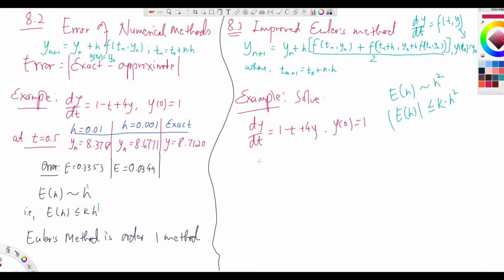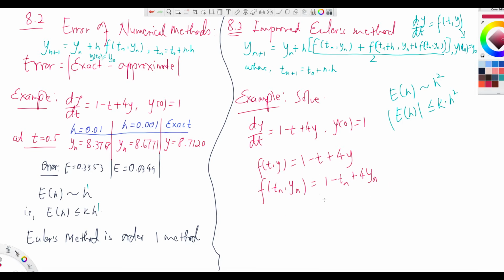Okay, so here what is f of t, y? That is 1 minus t plus 4y, right? What is f of t_n, y_n? That will be 1 minus t_n plus 4y_n. I just replace t by t_n and y by y_n.